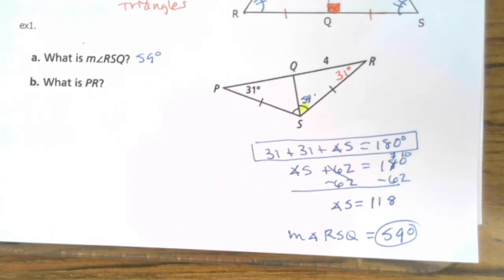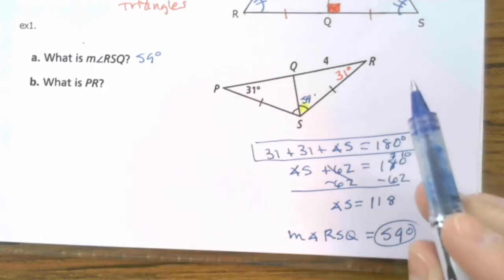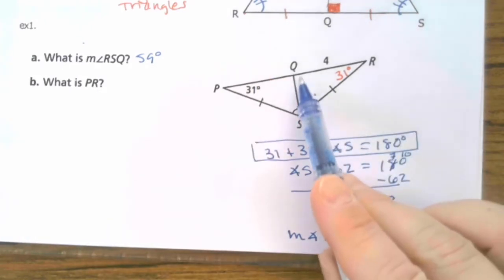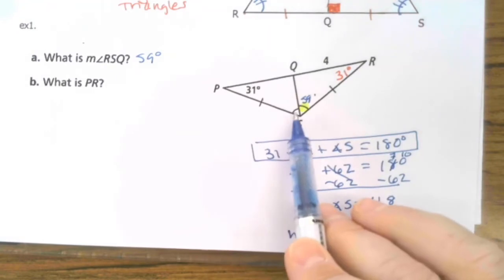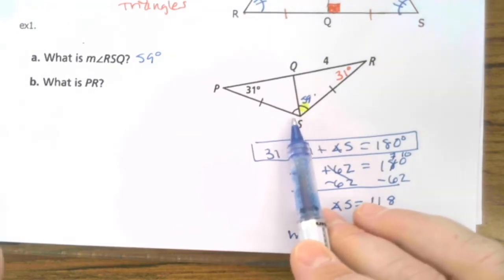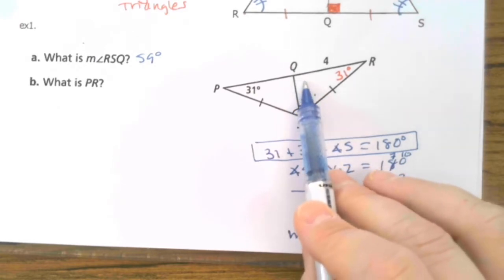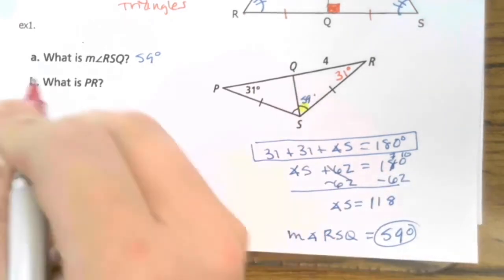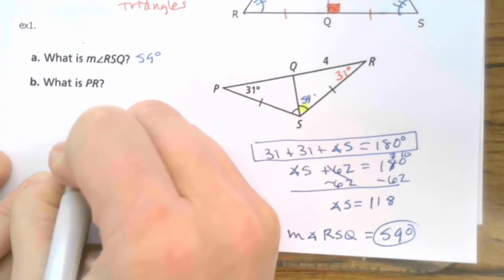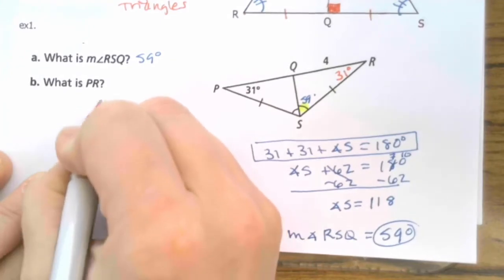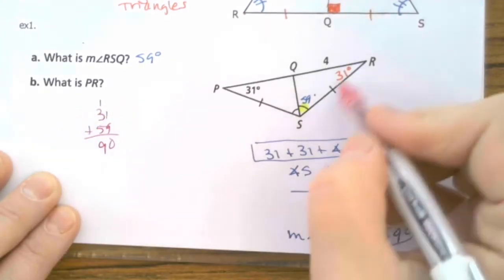All right, so what is PR? We know that QR is 4. The question is, is this a perpendicular bisector? We know it bisects the angle. The question is, is it perpendicular? That would mean this angle has to be 90. So if you take 31 plus 59, those two make 90.